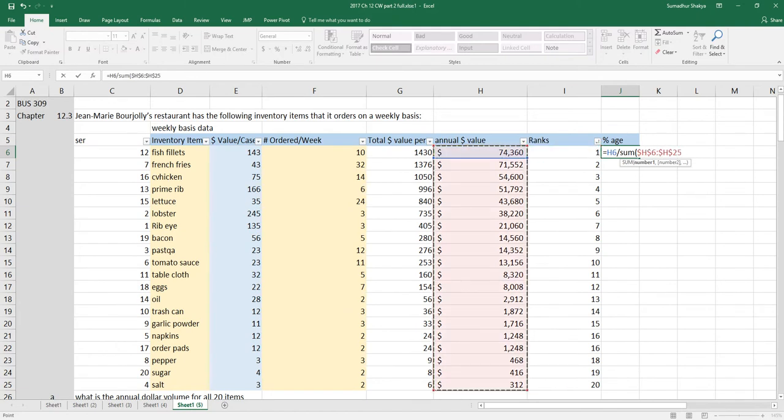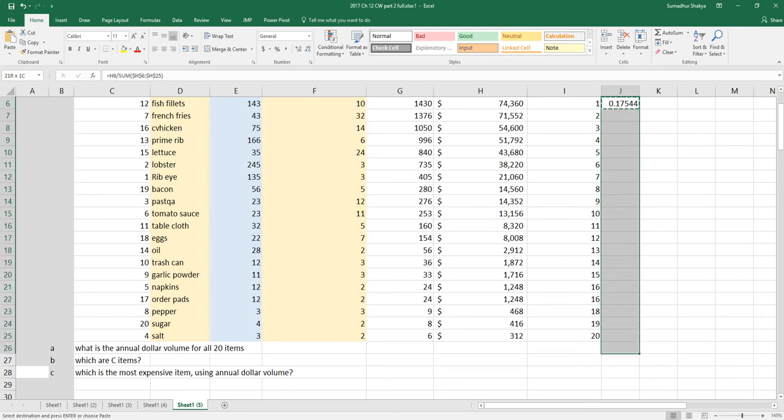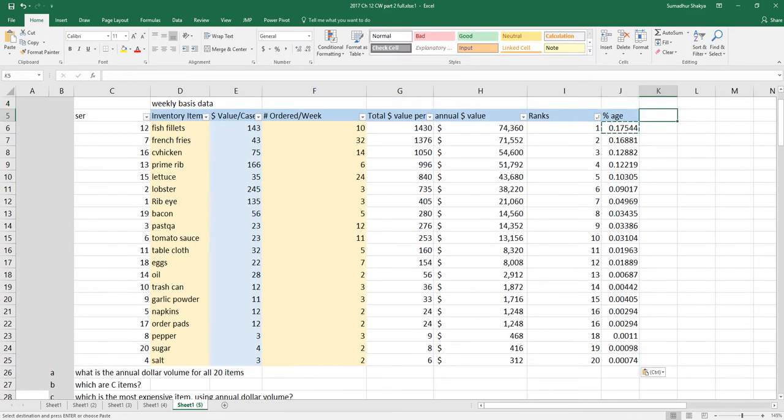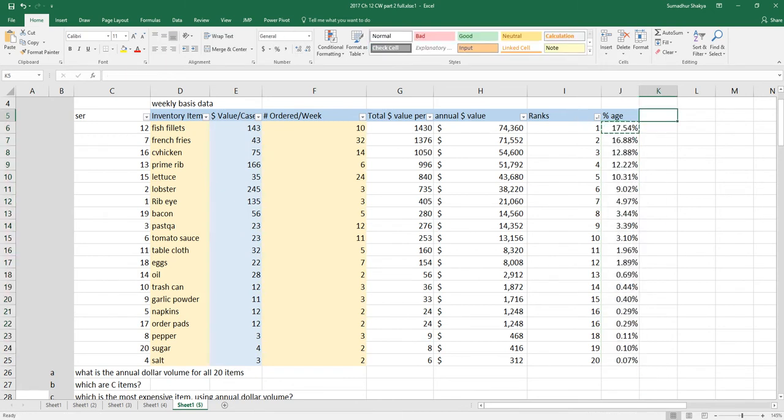I'm going to freeze it so I can use the same formula. Then I'm also going to show them as a percentage with 2 decimal points.